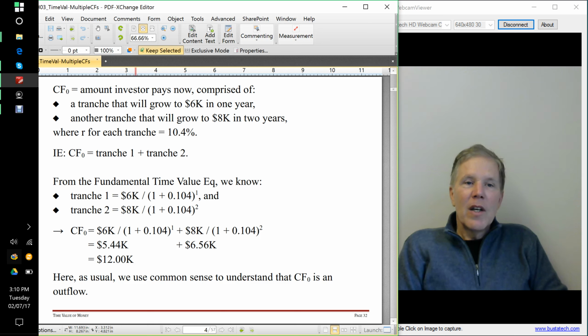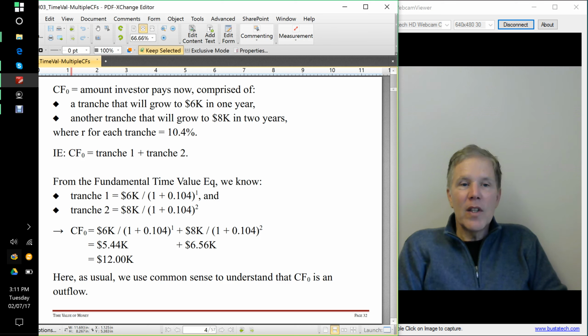Similarly, for tranche 2, the value at time t equals 0 of this $8,000 payment is simply the 8,000 discounted back to time t equals 0. So we've got 8,000 divided by 1.104, our annual compound interest rate or discount rate for this project, raised to the 2. Why 2? Because it's being discounted back by 2 years.